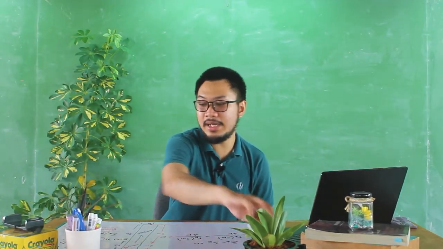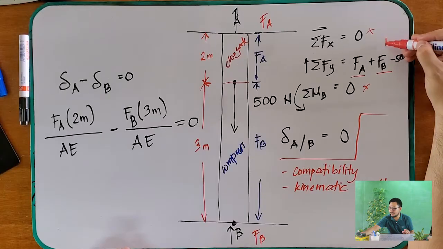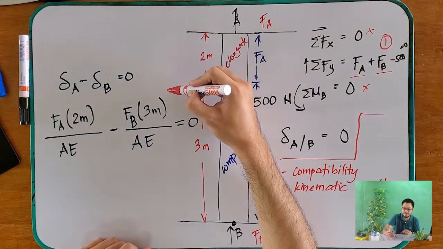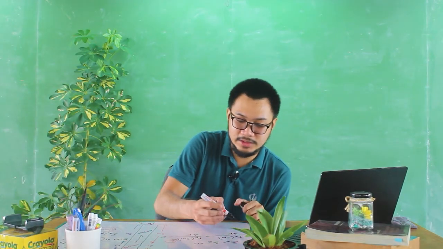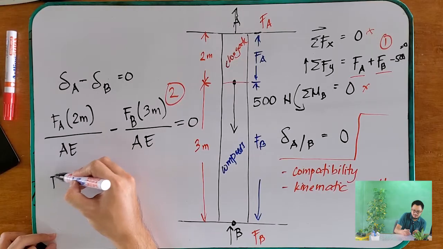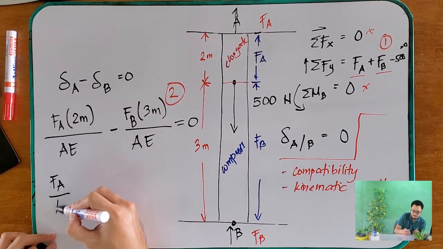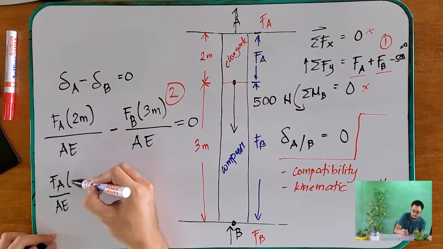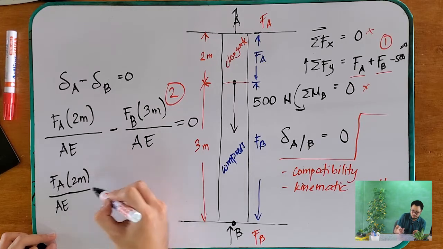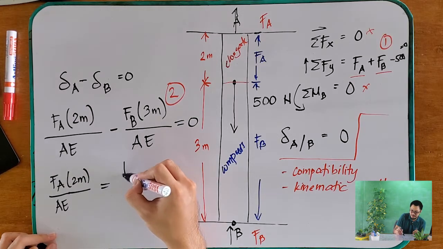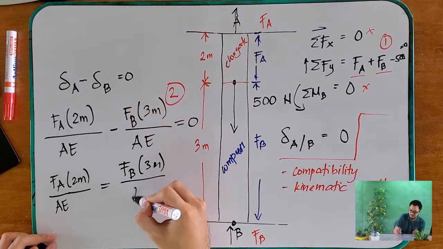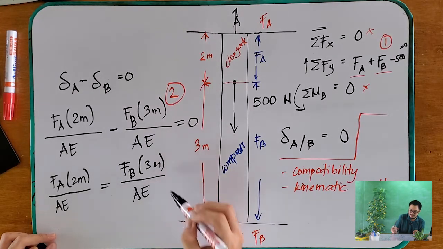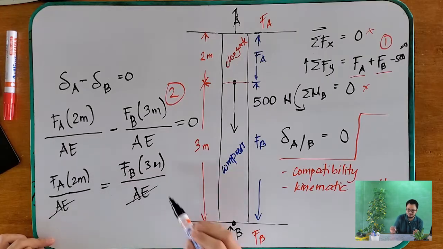Okay, so now you have your first equation and your second equation. We can simplify this one further. Why? Ato ibalhin. So, FA over AE times 2 meters equals to FB times 3 meters over AE. So, this is cancelled.